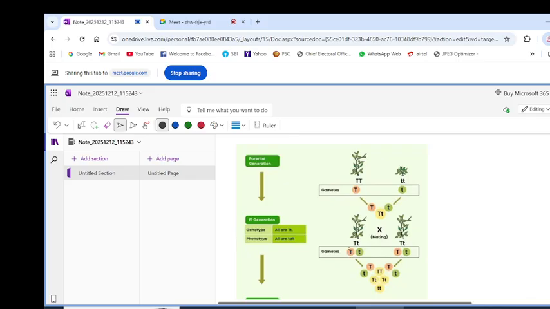Here the tall parent transfers the capital T, which represents the tall character, and when gamete formation happened, the tall character segregated from the tall plant, and from the short plant the small t, which represents shortness, segregated through gamete formation. So in the F1 generation, you can see capital T and small t.